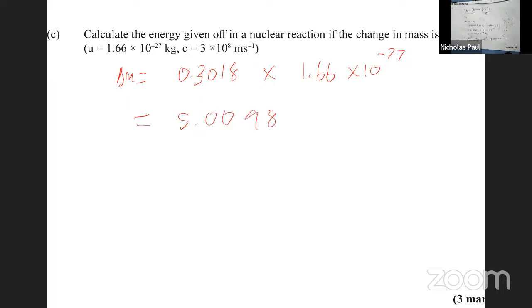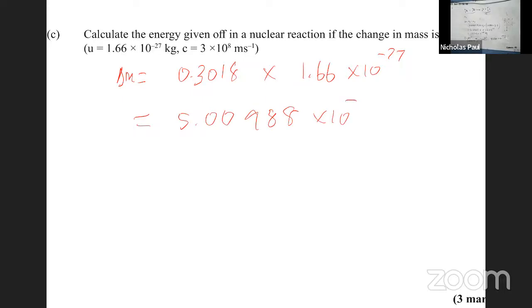Last thing here, 0.3018 multiplied by, how much you got there? 988.